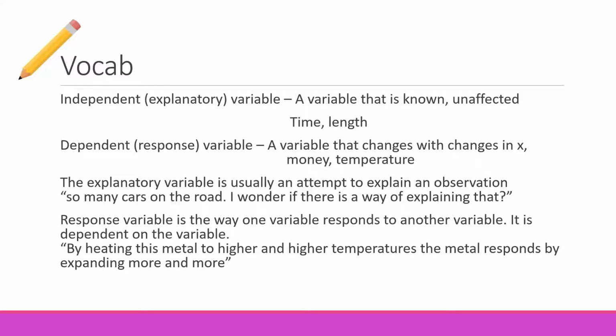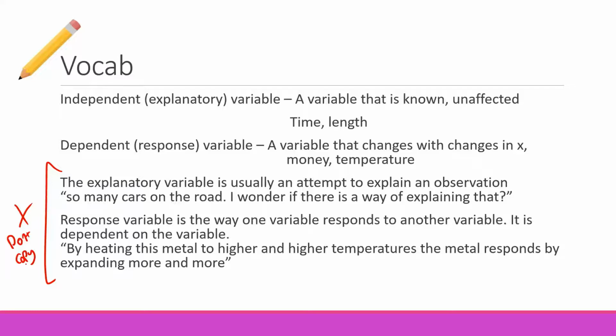And so response variable is the way one variable responds. This is actually way too much writing. I'm sorry. Don't worry about copying this part down. You can if you want, but I'm looking at that thinking that's way too much text. Response variable is the way one variable responds to another variable. It is dependent on the variable. By heating this metal to a higher and higher temperature, the metal responds by expanding more and more.